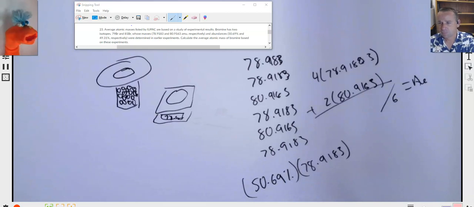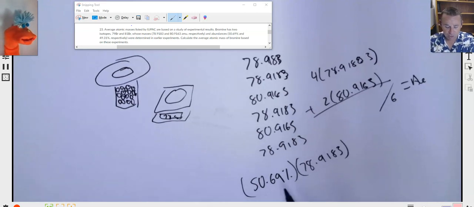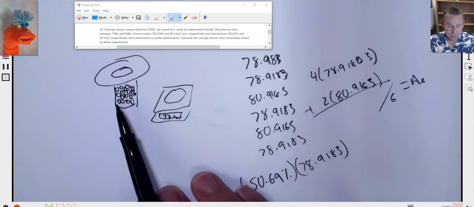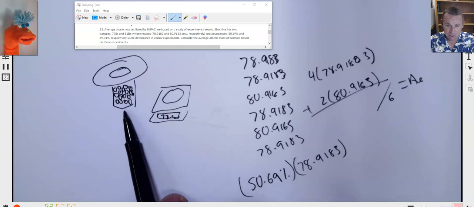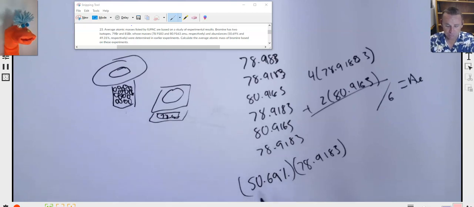Okay? Wait, how did you get 0.69 if there's only 100 balls? Well, that's good. Way to recognize that, right? This was an example I chose of having 100 balls. But they didn't have 100 atoms in here when they actually counted, because apparently out of every 100, there was 50.69.